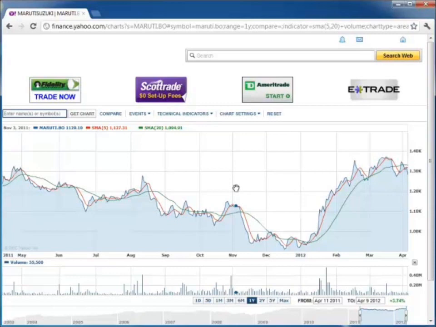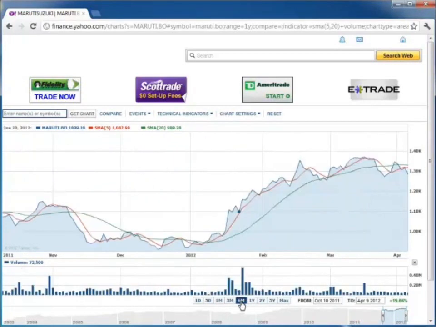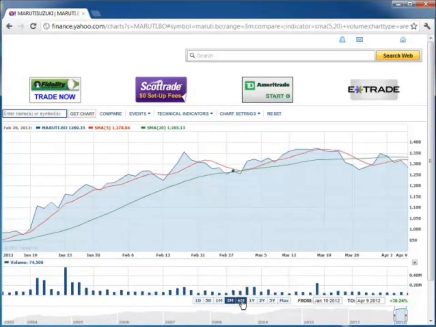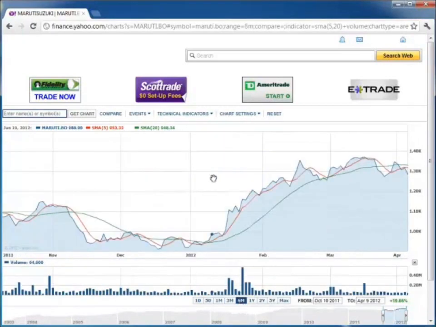Now what we can see is that the 5-day moving average is the red line and the 20-day moving average is the green line. It might be better to see this on a 6-month chart actually. Let's see if we can see it better. Okay, I think a 6-month chart is good here.